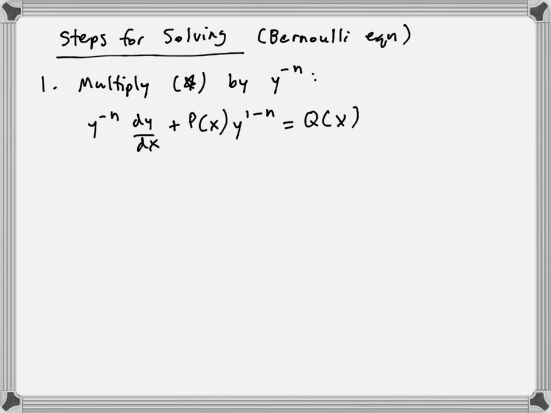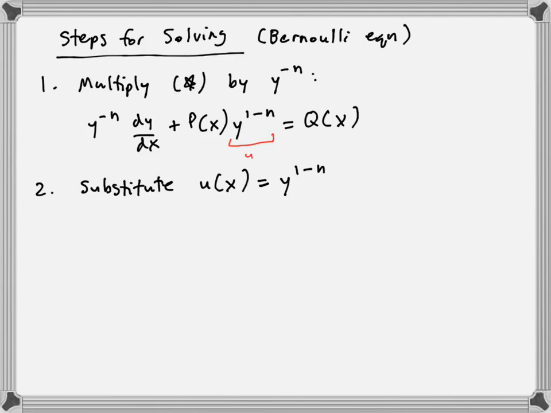The trick is to do the following substitution. You're going to substitute a function u of x, and that's going to equal y to the 1 minus n. In other words, your u becomes this guy right here.